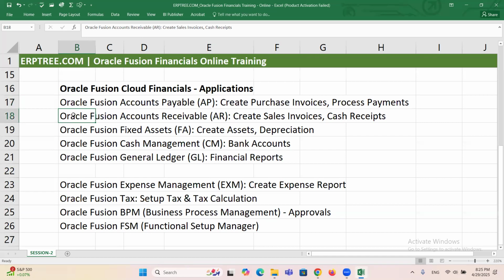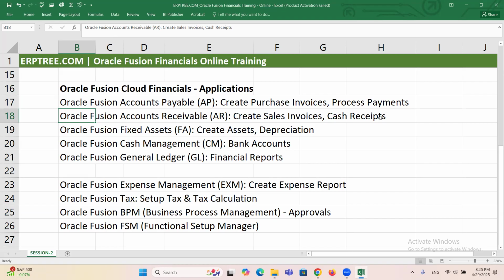Take any application. In Oracle Fusion Accounts Receivables, if you want to create sales invoices, you need customer information. If you want to create cash receipts, bank account information is required. In the same way, there are certain other setups really required to run any application.